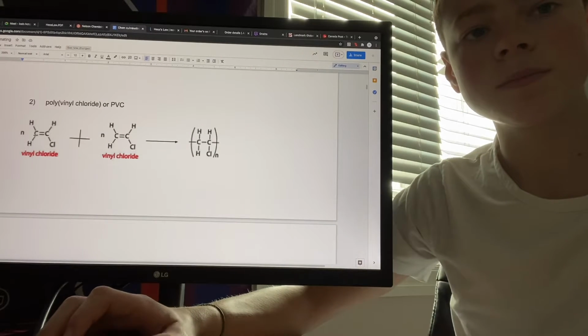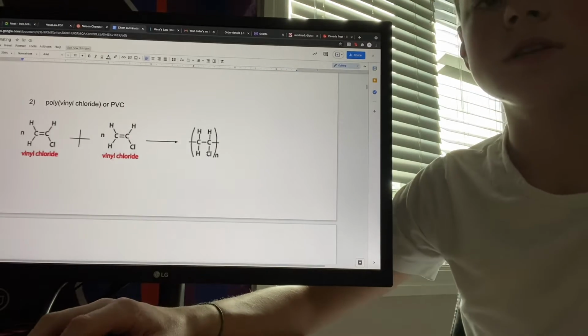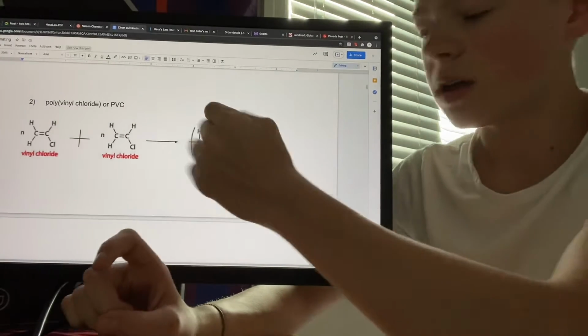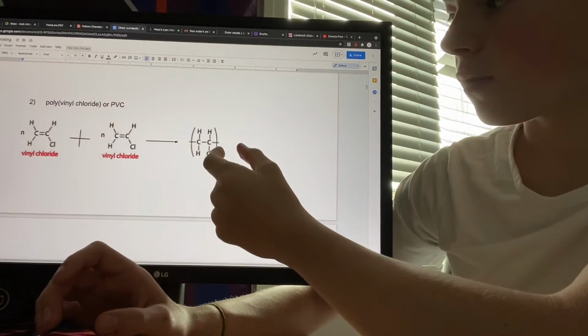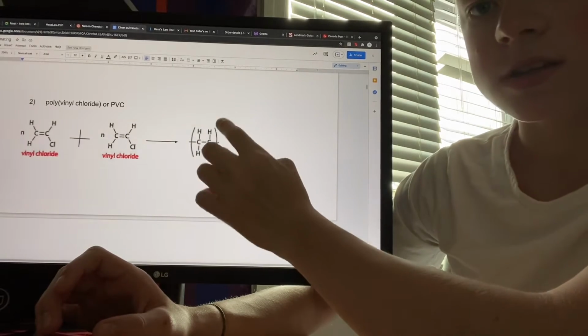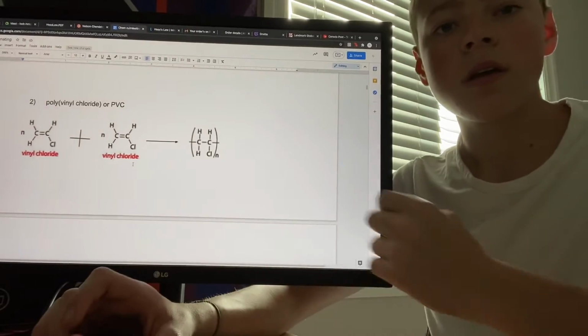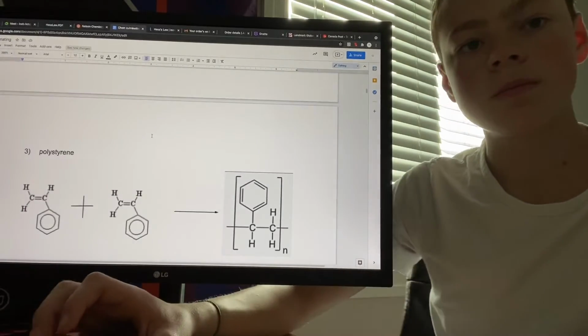So same thing here, but with the chlorine, you just have to add it to the same bottom right. And if you were to draw it the other way, you would just add it again over here, connect it to a C and H, and then a H, and then a Cl. And then have the n for how many times you repeat it.